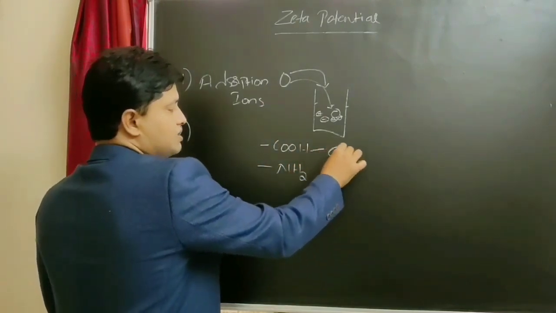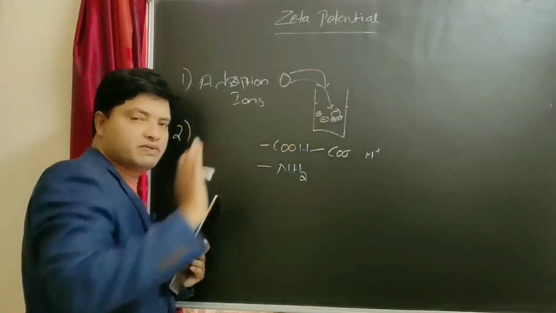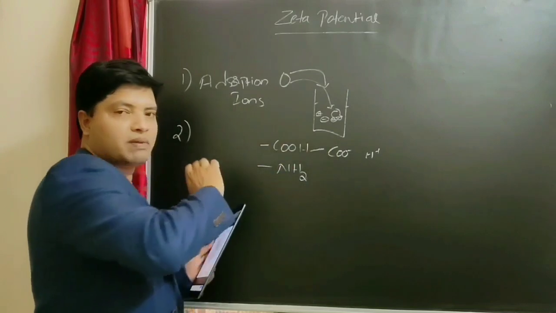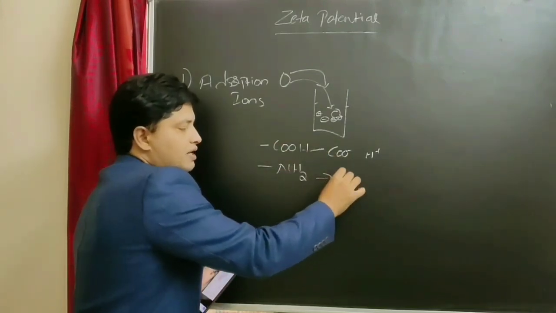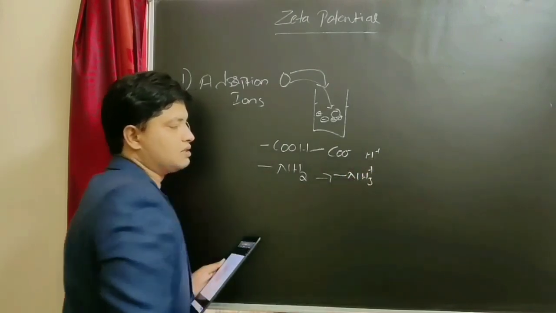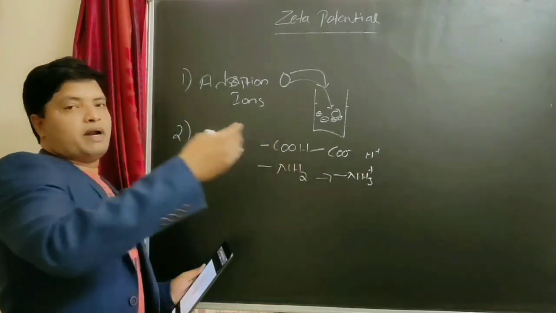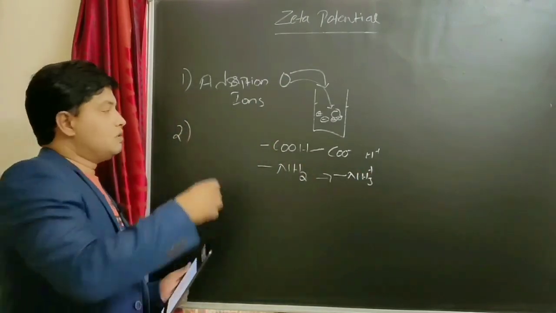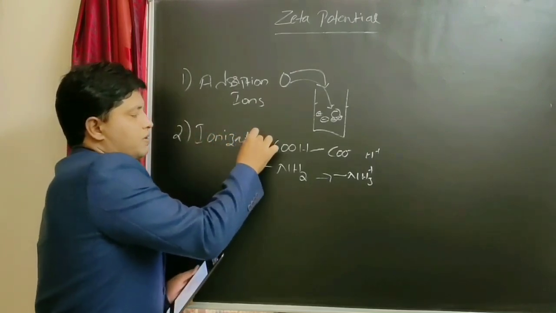This will get ionized to COO minus and H plus. H plus will go away, COO minus will stay with the particle, hence it will impart negative charge to the particle. If the amine group ionizes, we will get NH3 plus. Due to the presence of positive charge, the particle will get positive charge.